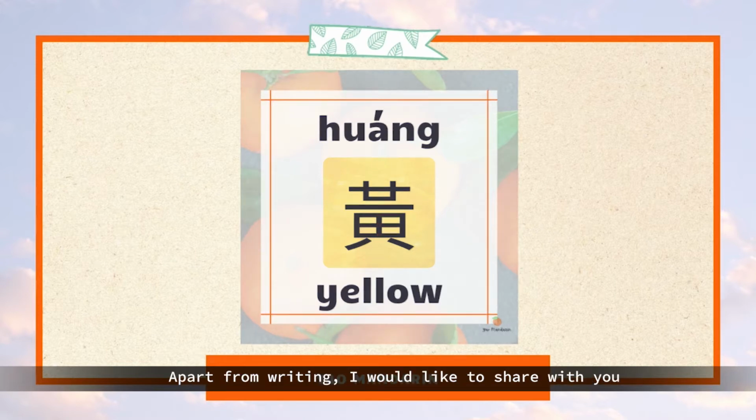Apart from writing, I'd like to share with you there are many dialects in Chinese. In Mandarin, yellow, the family name, is Huang. You'll see the same Huang with different spellings.